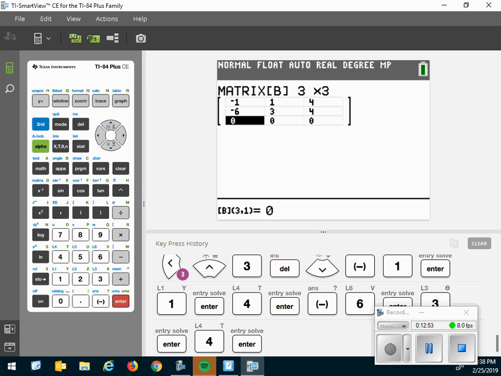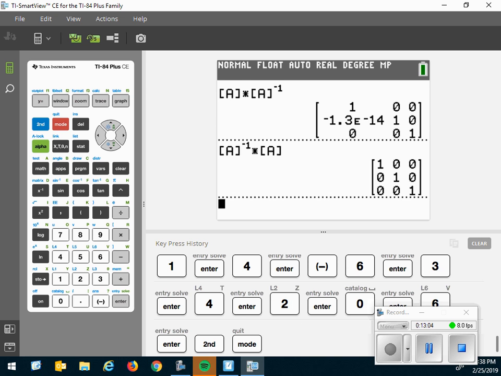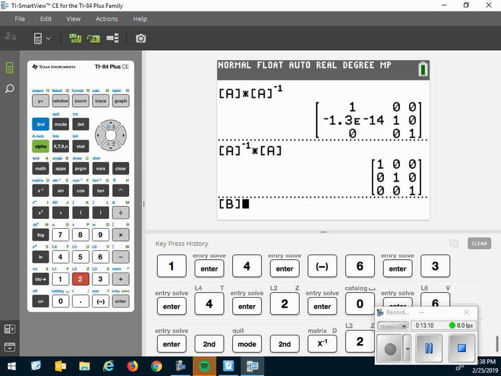Yeah, we're finding the inverse. Good. Yeah, you have to.